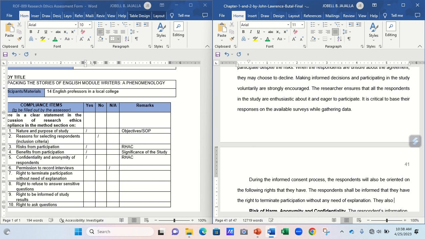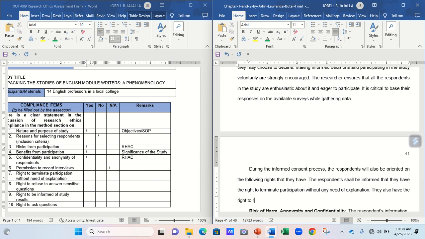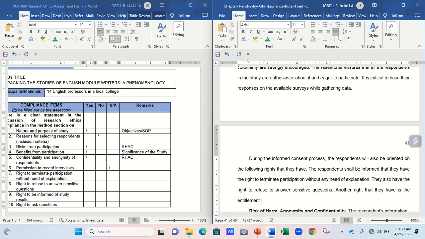They also have the right to refuse to answer sensitive questions. Another right that they have is the entitlement to ask questions about the study.